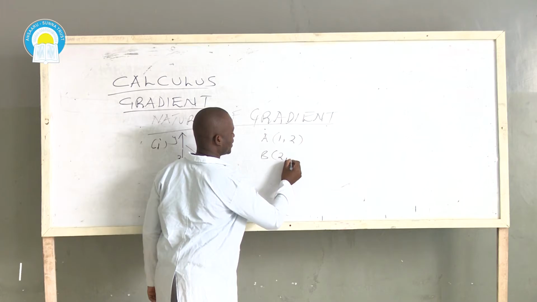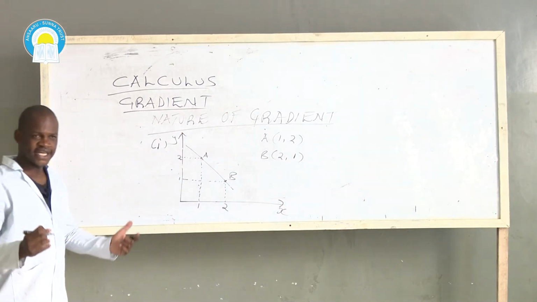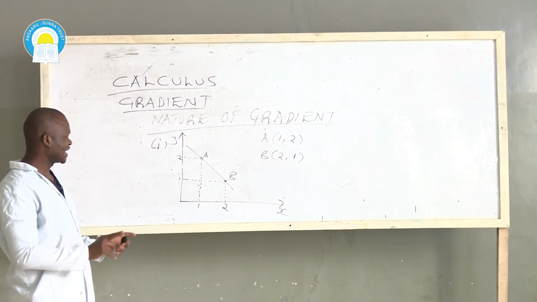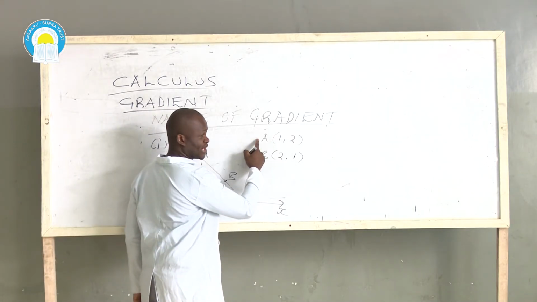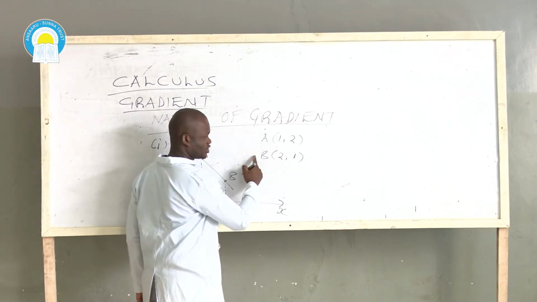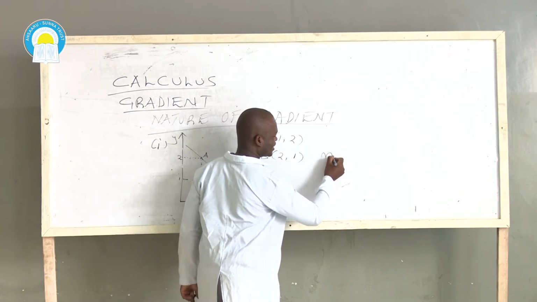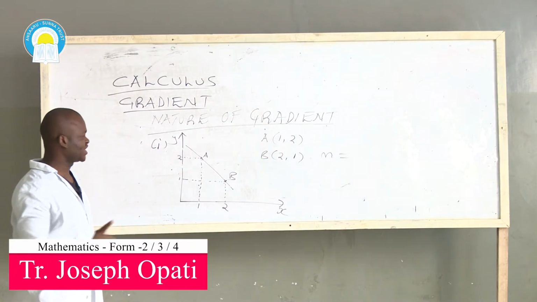Now, if those are our coordinates, we just want to prove that a line of this inclination will have a negative gradient. That becomes my point 1, meaning I've got x1, y1, and my point 2, x2, y2. So what becomes of the gradient? Gradient is change in y over change in x.